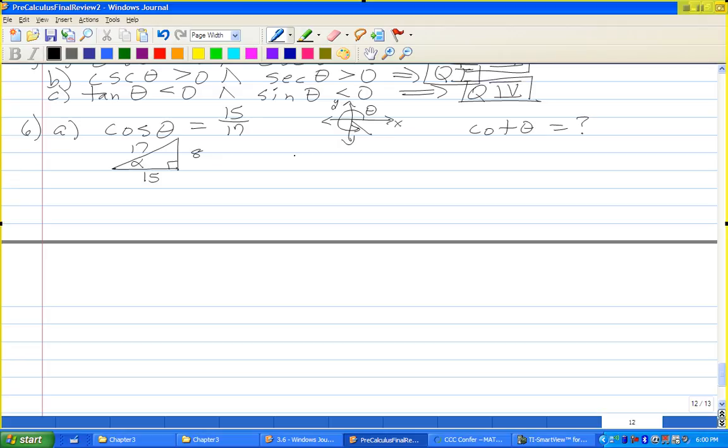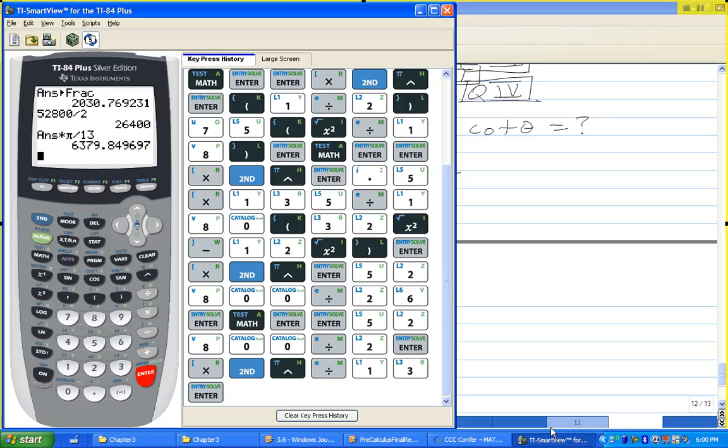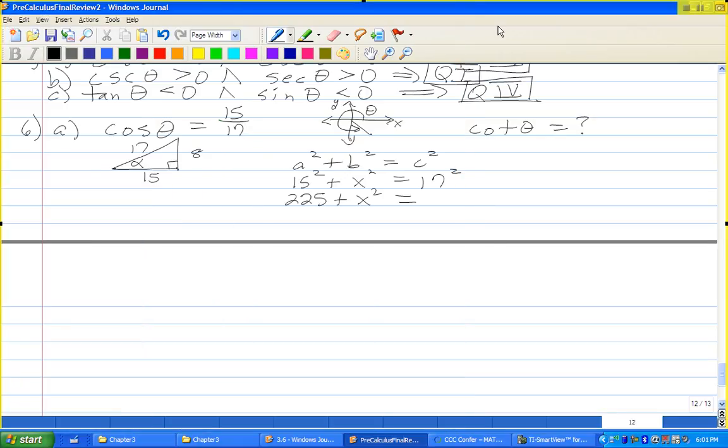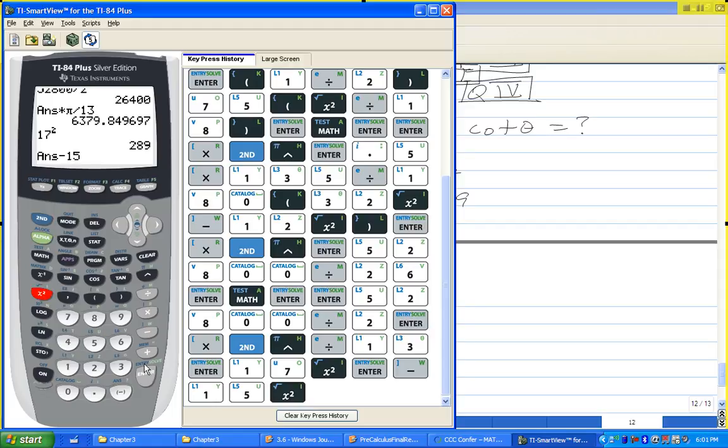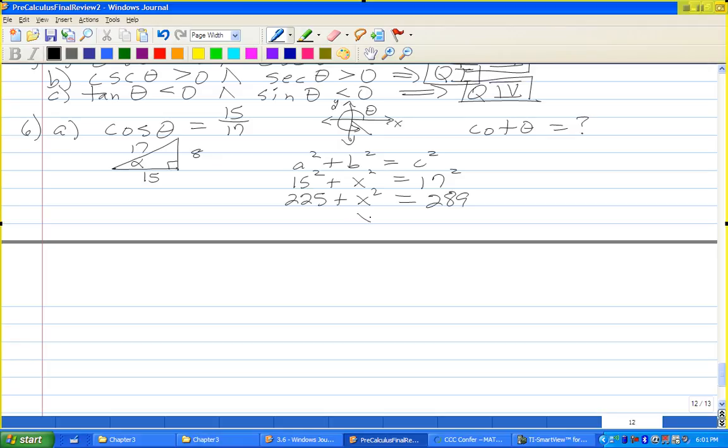Let's do this. a squared plus b squared equals c squared. 15 squared plus x squared equals 17 squared. 225 plus x squared equals 289. So 289 minus 225 is 64. Oh, I am right then. So x squared is 64. So x is 8. Good.